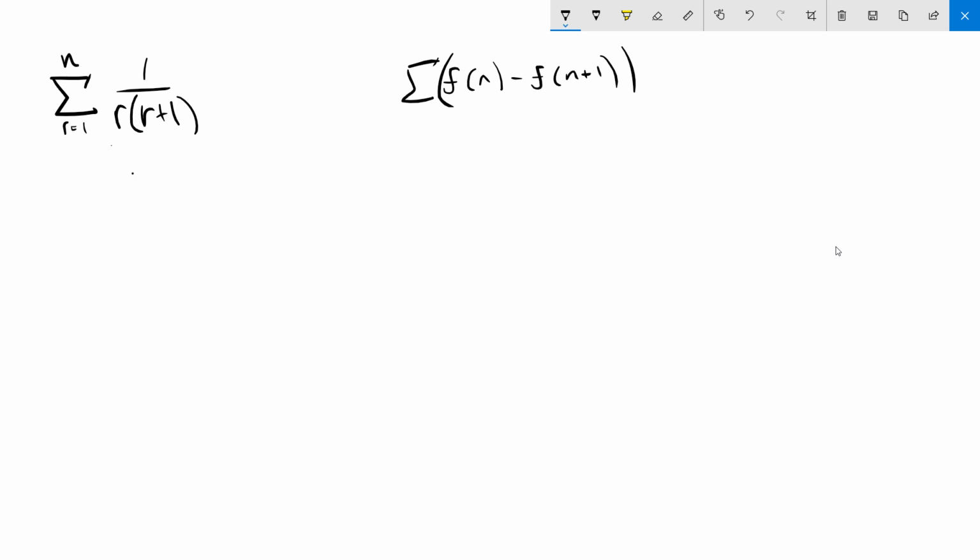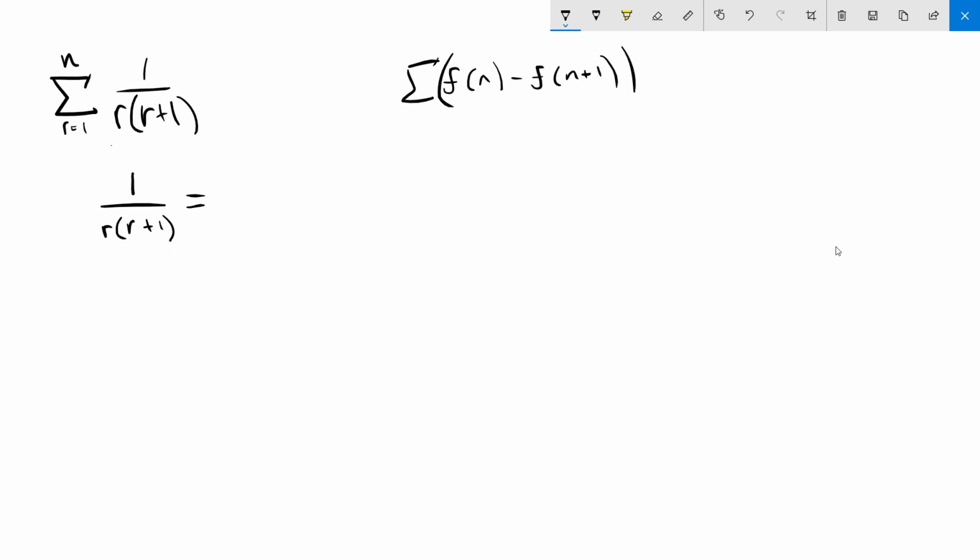Well, we're going to have to do something to separate this into two different fractions, right? Well, this is pretty clearly, if you remember your C3 and C4 stuff, a partial fraction decomposition problem, right?